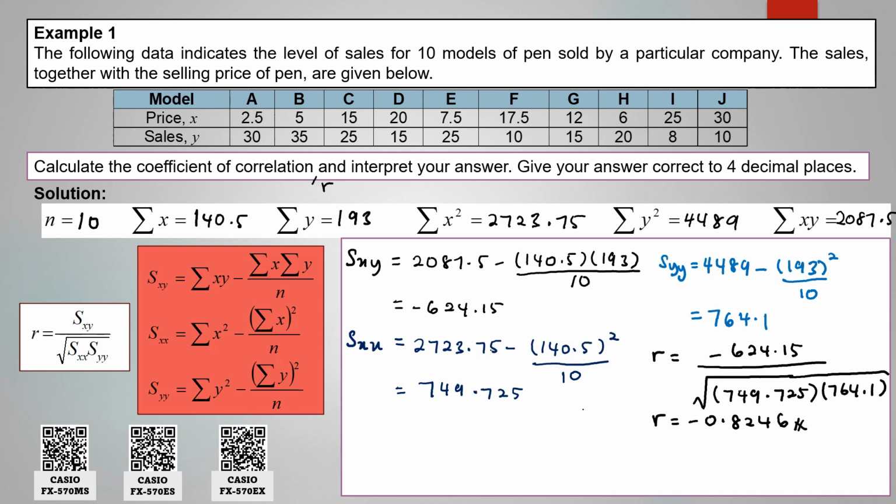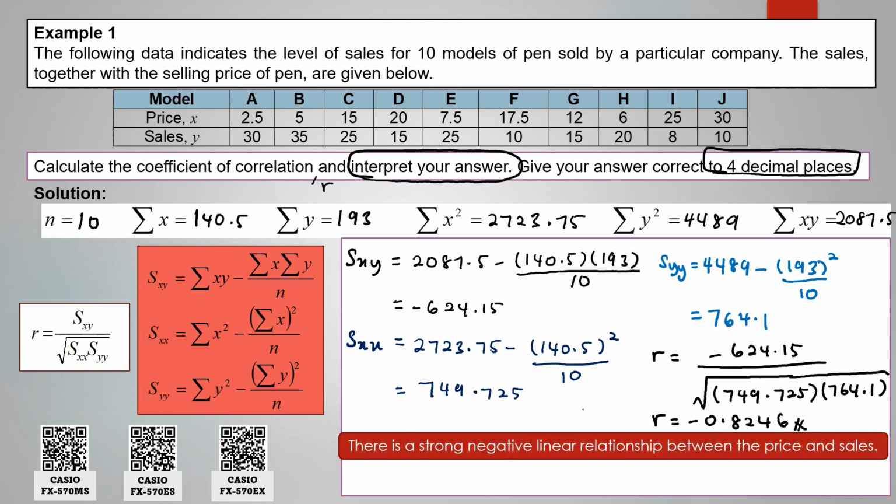The next part is you need to interpret your answer. But before that, please ensure that your answer is correct to 4 decimal places. So the interpretation of R would be, there is a strong negative linear relationship between the price and the sales. Why is the interpretation negative? Because here we have a negative value. That's why it says negative linear relationship.